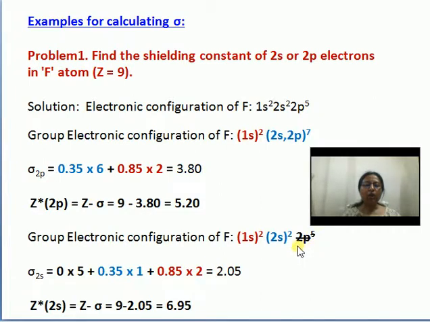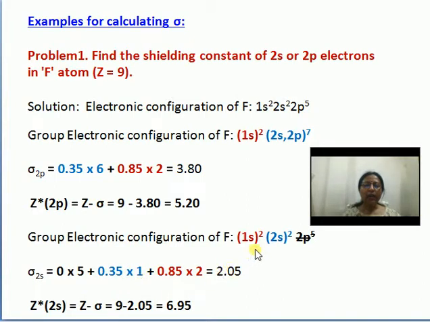So the contribution from these p electrons will be 0. Now what will happen here? These 2s electrons are there and 1s electrons there. As we are going to calculate on one of these 2s electrons, we will not take one electron, we will take only the remaining one electron which will contribute for sigma, and that will be 0.35 into 1.